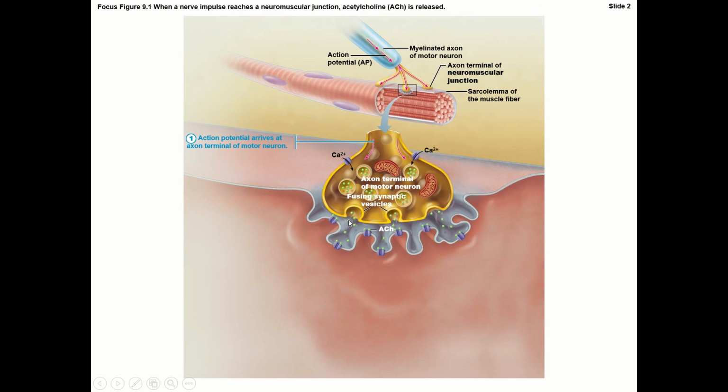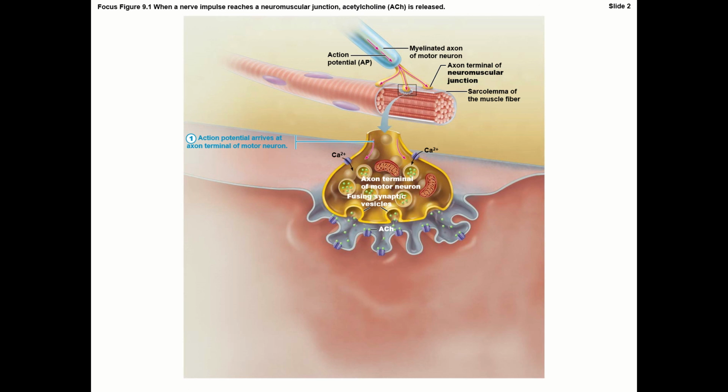So they're going to dump their acetylcholine into this space between the end of the alpha motor neuron, again the terminal, and then the muscle cell. And so acetylcholine migrates across this space, which is called the synaptic cleft. Then it's going to find the receptors that it likes to bind to, and so acetylcholine will attach here to these channels.